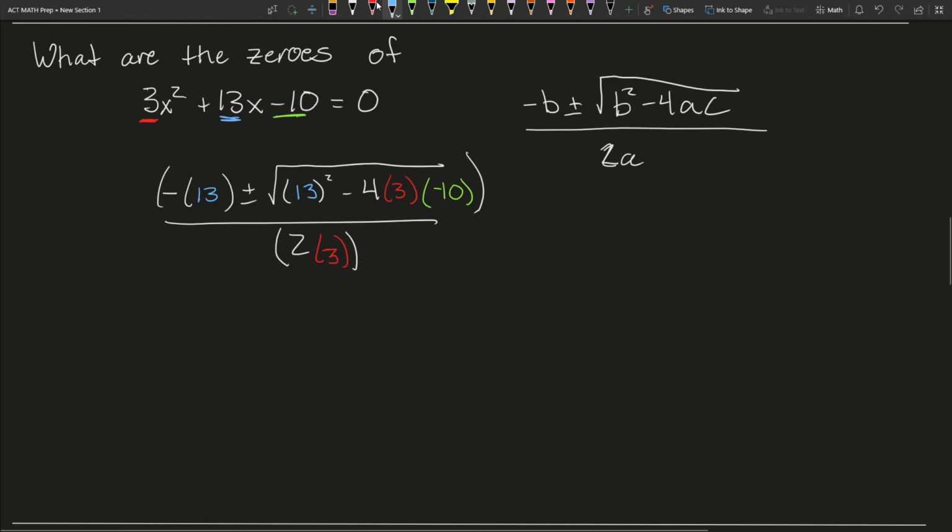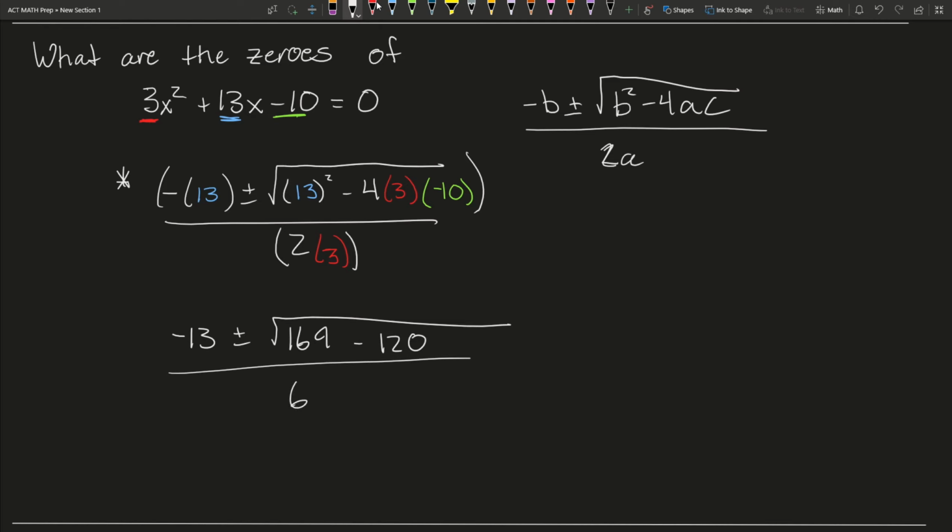So if we simplify that just a little bit, as of the first 10 or so questions that I found like this, that is the answer. Sometimes they decide to go a step further. So if we do that, we get negative 13 plus or minus the square root of 13 squared, which is 169, minus 120, all over 6, which is equal to negative 13 plus or minus the square root of 49 divided by 6.